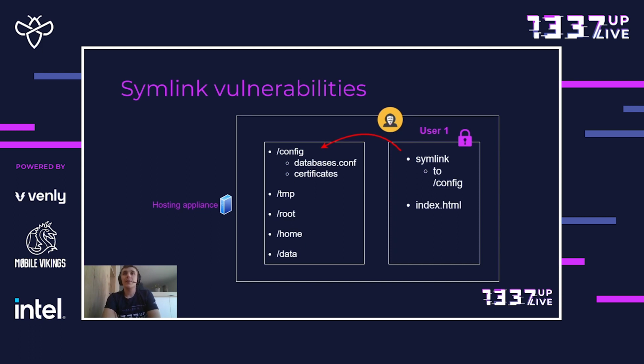But if that process or user follows your Symlink, it will actually perform that action on the hosting appliance file system instead of your jailed web route, because it follows the Symlink. Now, this can be abused to compromise the entire hosting appliance and other users that are running on it as well.